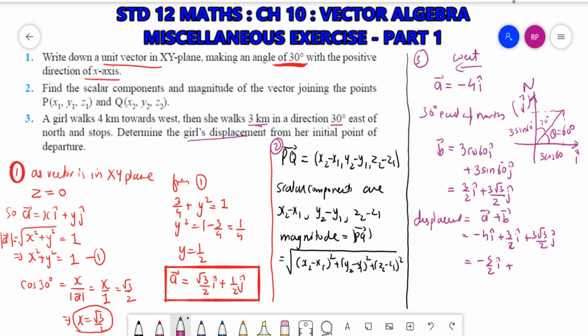This is the displacement vector from the initial point. So the girl's displacement from her initial point to departure will be minus 5 by 2 i plus 3 root 3 by 2 j. Clear? So this was about question 3. So note down questions 1, 2 and 3.